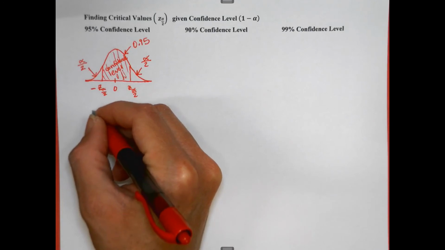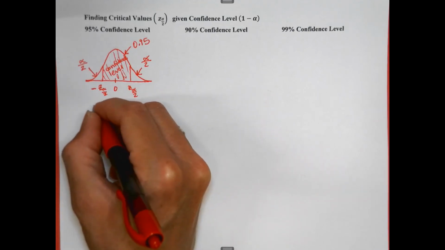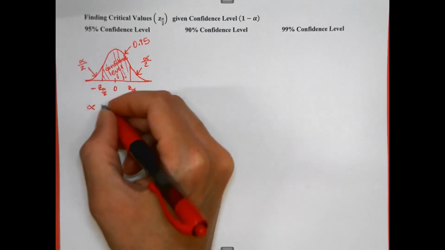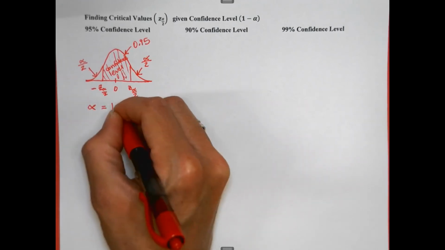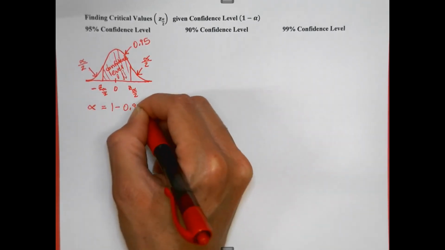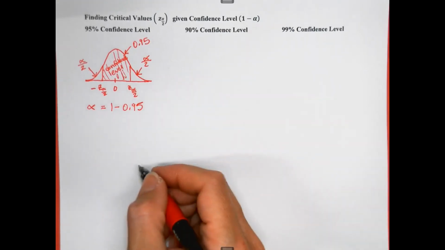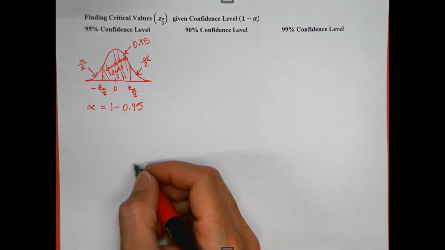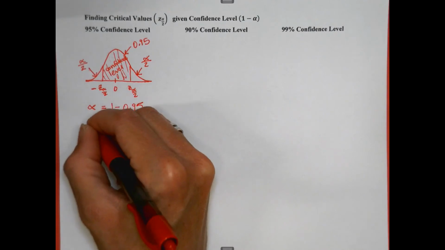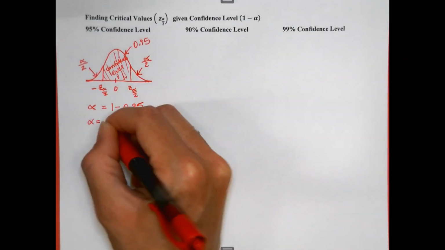So if we take our alpha, what is alpha in this case? Well, our alpha is going to be 1 minus 0.95, or the complement of our confidence level. And so alpha in this case is 0.05.